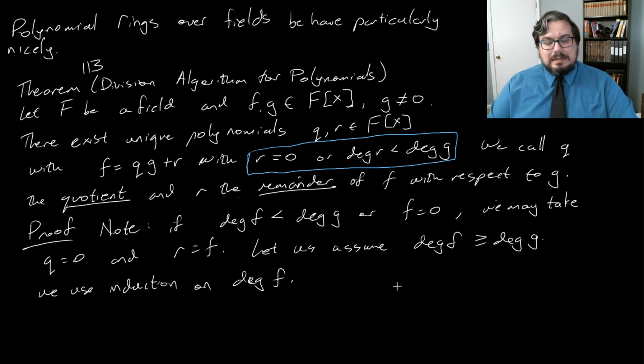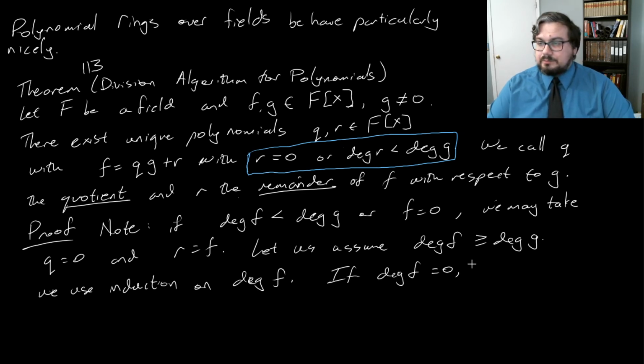The minimum degree that F can be is 0. So if the degree of F is equal to 0, then we've assumed that the degree of G is less than or equal to the degree of F. So the degree of G also has to be equal to 0.